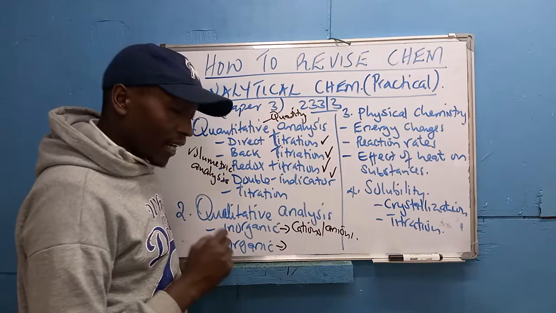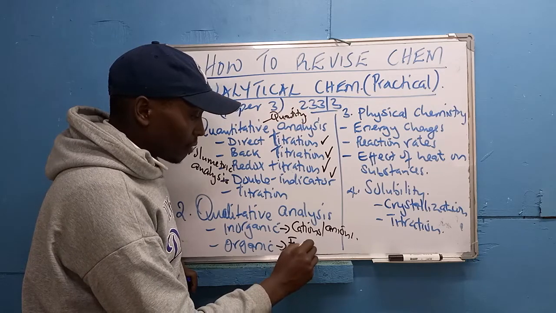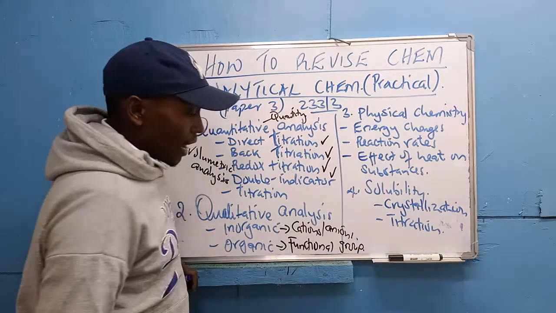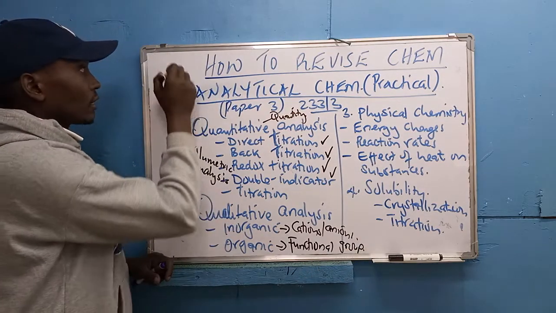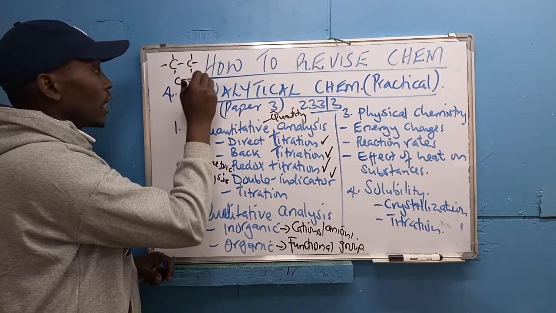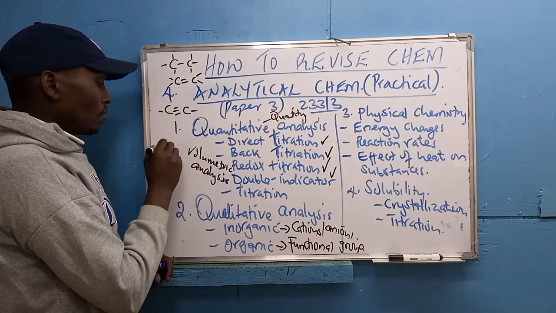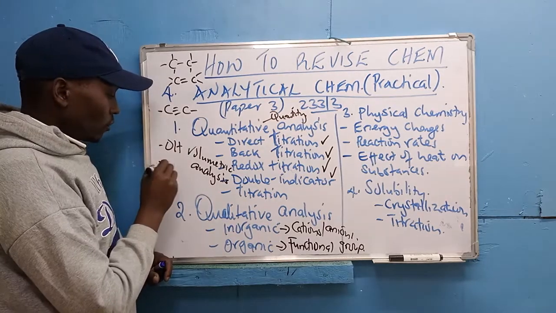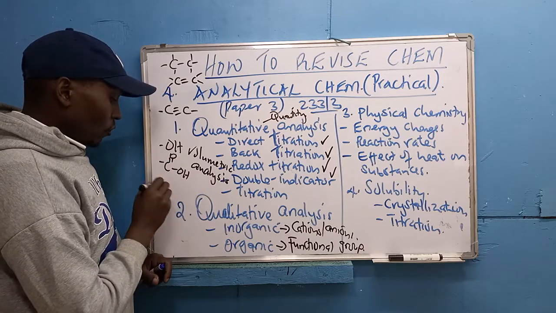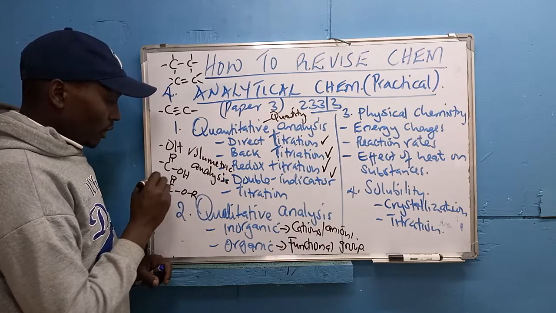Then when you're talking about organic qualitative analysis, here we are trying to establish the functional groups. The functional groups here are the alkanes, the carbon-carbon single bond, yes, we have that. We can have the carbon-carbon double bond, be it the carbon-carbon triple bond, or you have the OH for alkanols, the COOH for alkanoic acids, or you have the ester group there, whichever the case.